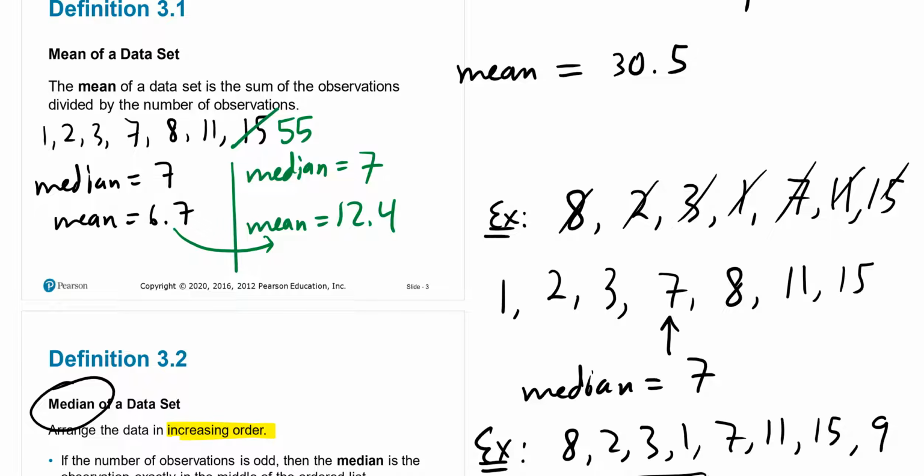If you replace the largest or the smallest number in the data by an even larger or smaller one, the result does not affect the median, but it does affect the mean. It either increases or decreases the mean. Okay, keep that in mind.